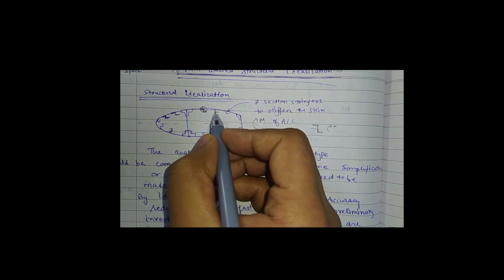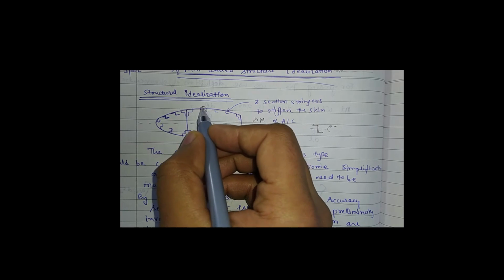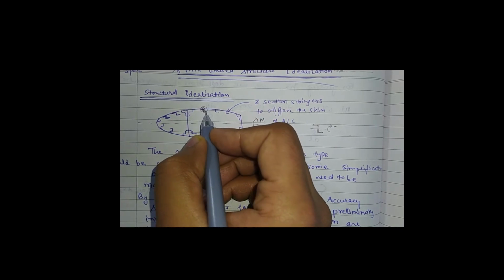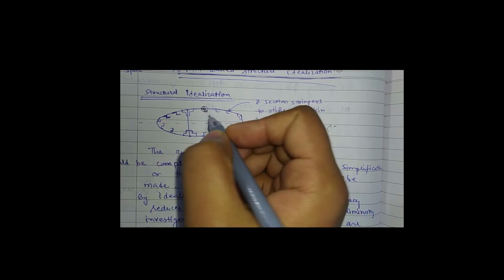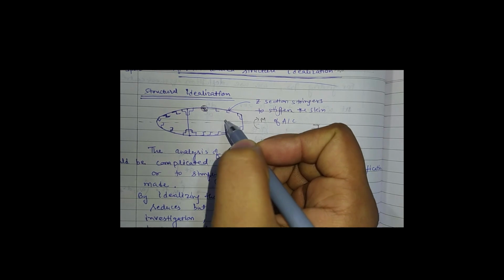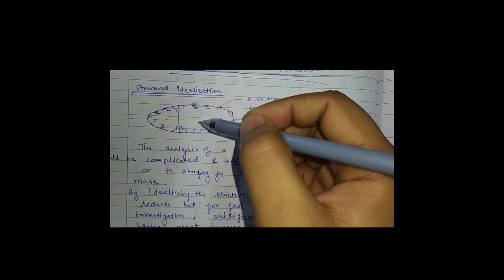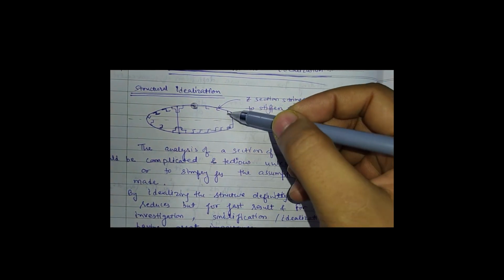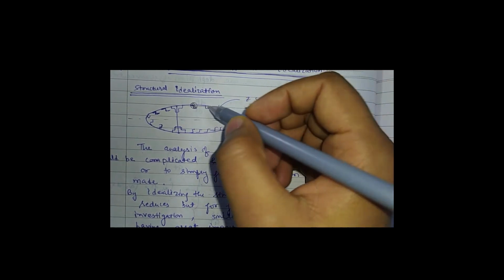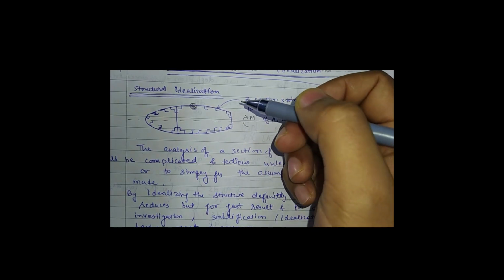Instead of solving point by point stresses, we solve the stress at this location having some area A. This will reduce our calculation time. So this type of complex structure may be idealized into simpler mechanical models which behave very nearly the same as the actual one under the given loading condition.